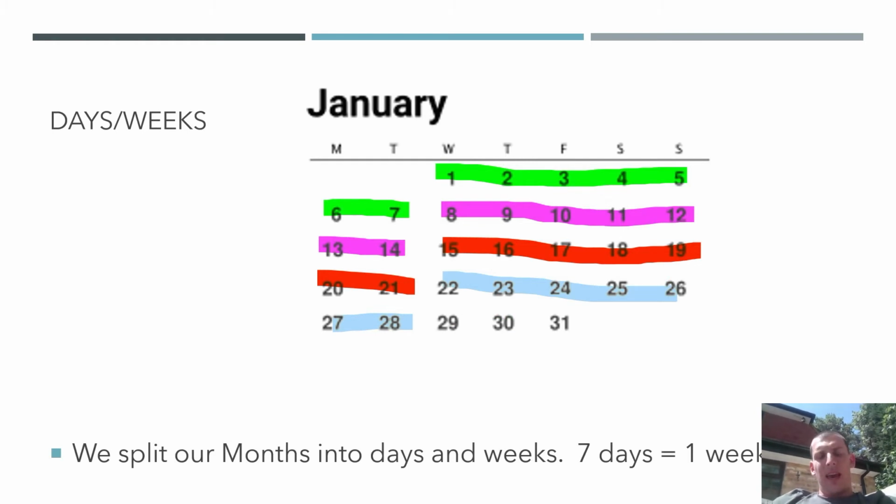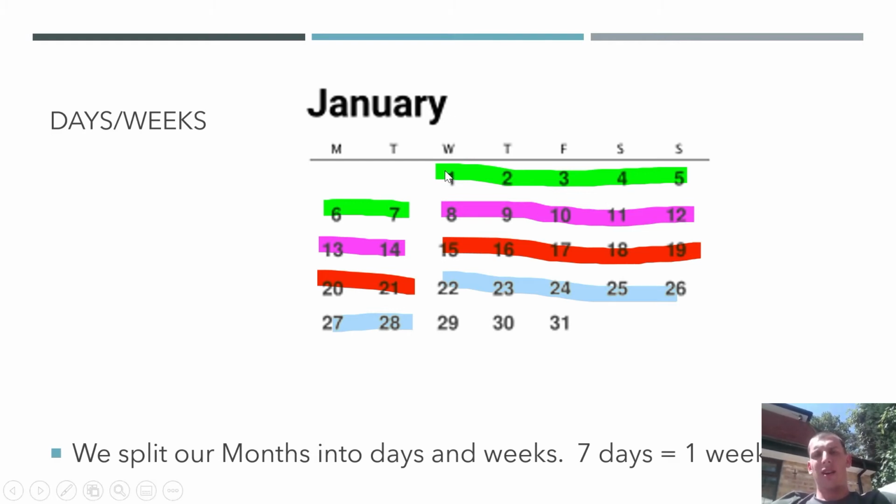And then we split our months into days and weeks. If we think this is one of our months, January, in January there are 31 days. And if you look at the bottom, it says in 1 week there are 7 days. So let's work out how many weeks there are in this month.